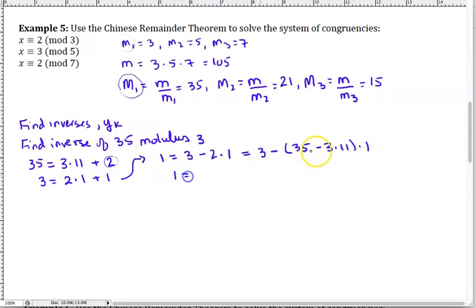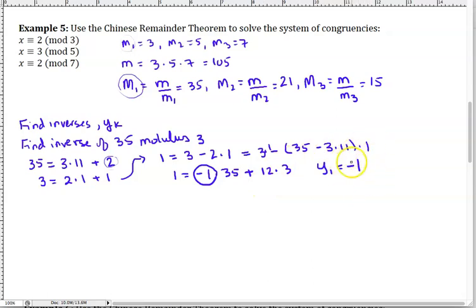We simplify, collecting like terms. So we have negative 1 times 35 plus 12 times 3. I'm looking for the inverse of 35, so this is my answer, the Bezout coefficient that I want. So I'm going to put y1 equals -1.